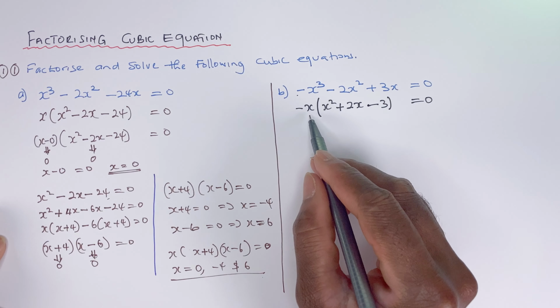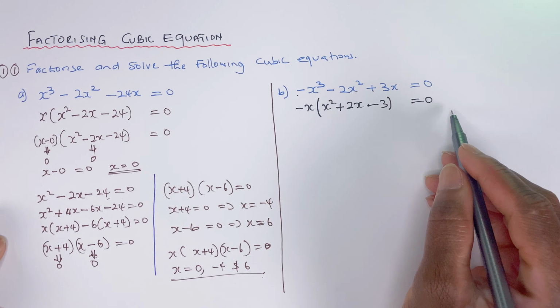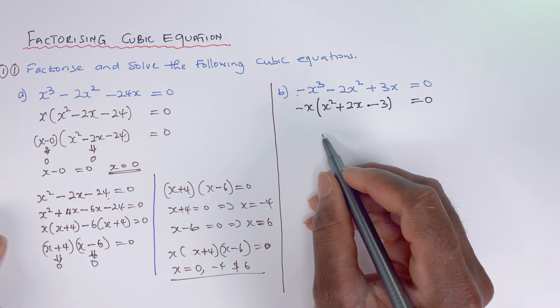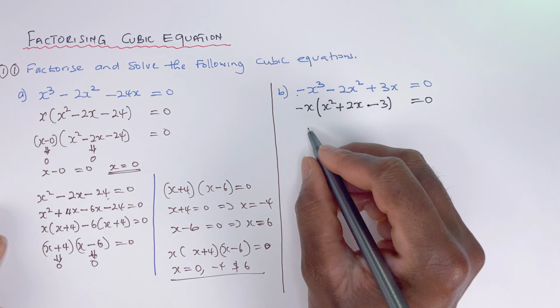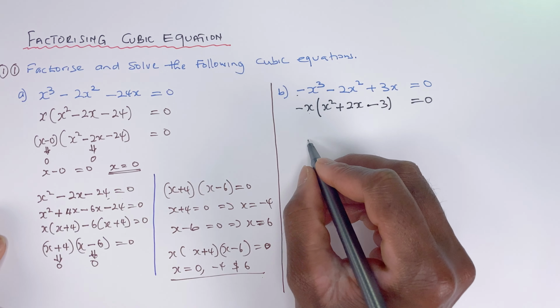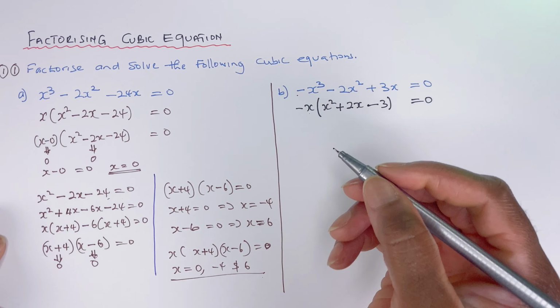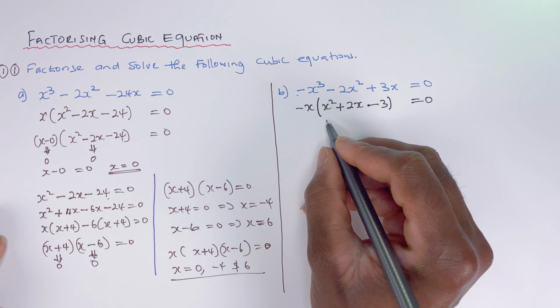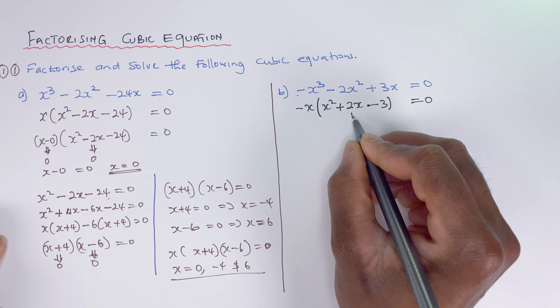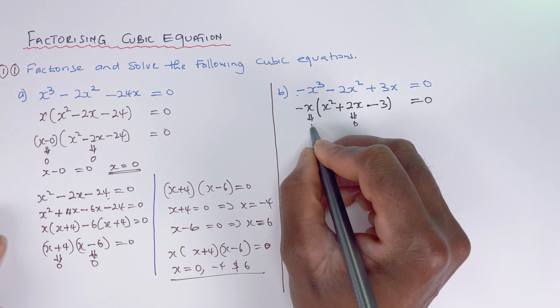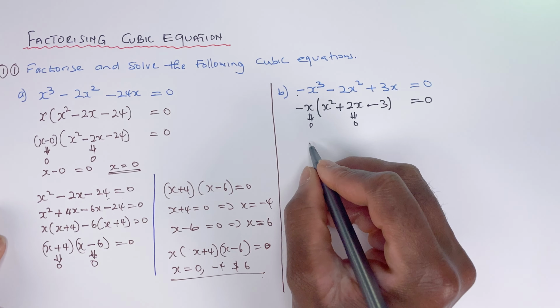Now I've got one root, which is minus x equal to 0, therefore x equal to 0. That's one factor. You could say a factor is minus x minus 0, but it's minus x. And the other factor here, I need to set to 0.